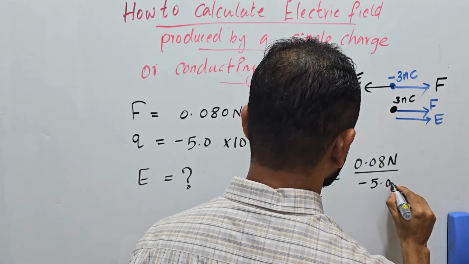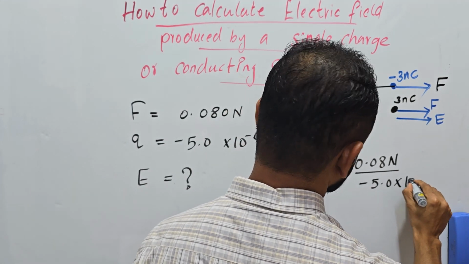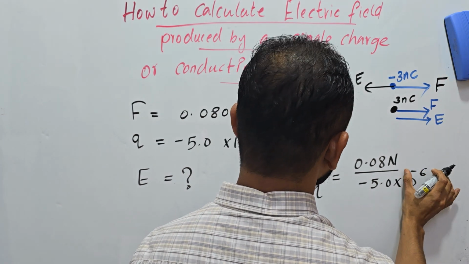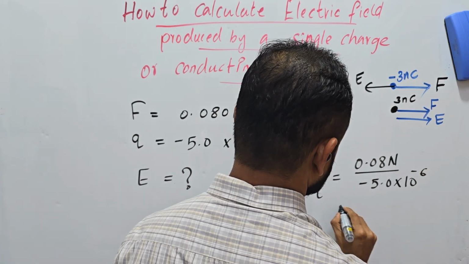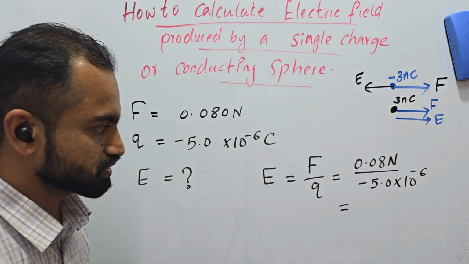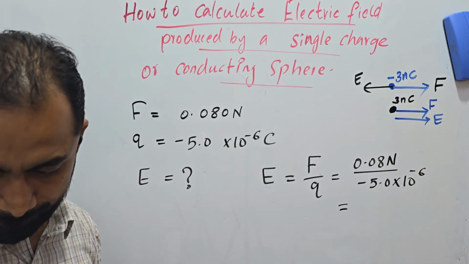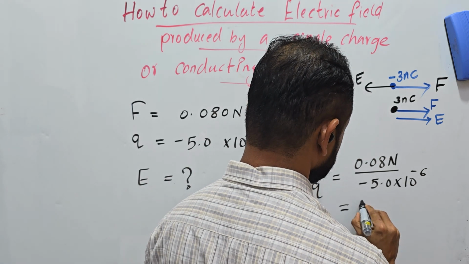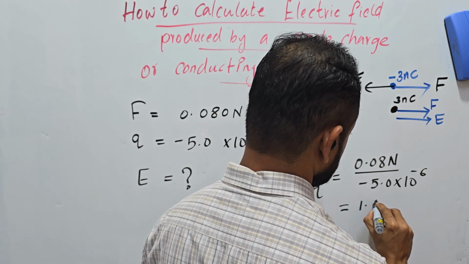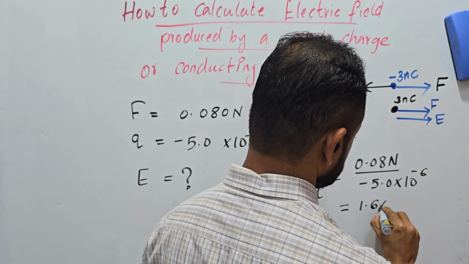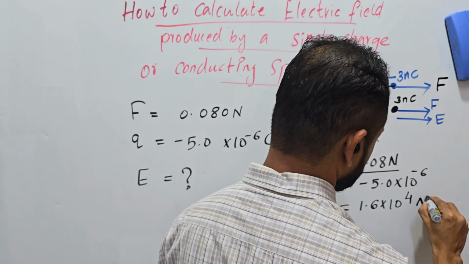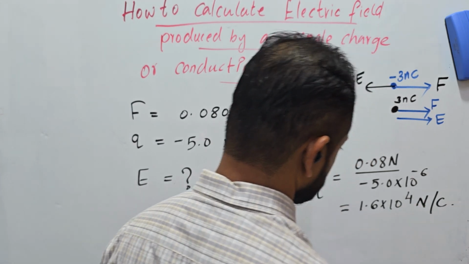If you use or don't use the minus on the 5.0, no problem, but the minus in the exponent you must use. How much is the answer for electric field? 1.6 times 10 to the power 4 Newton per coulomb, right?